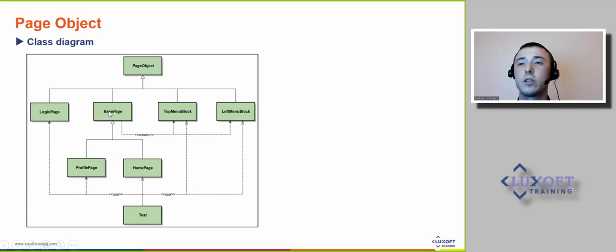Then we have the base page, and from the base page all our concrete pages will be extended. So the base page will have as children all our concrete pages. Then we can have some footer block and top menu block, and those blocks will be extended from page object. And our tests just use public methods from our page object components.